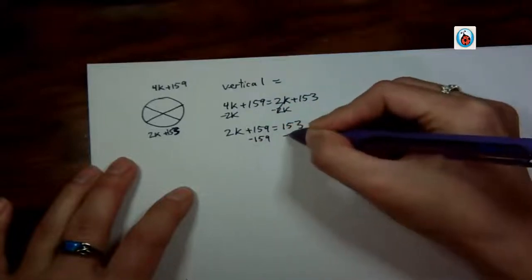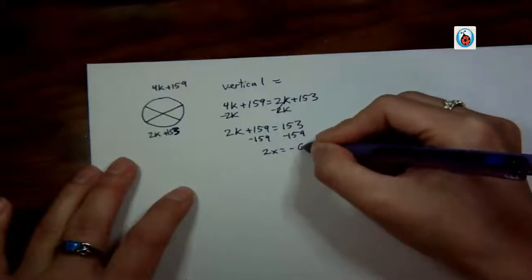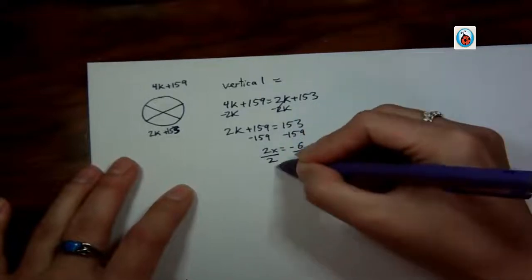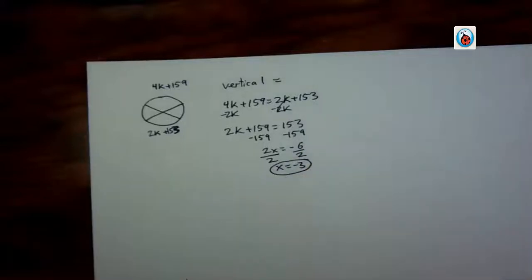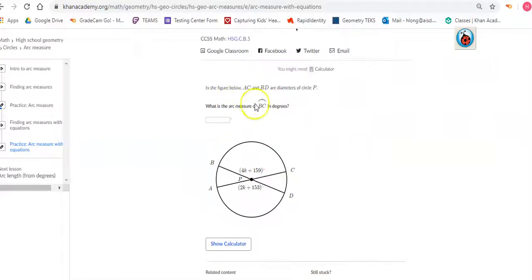Subtract 159 from both sides to get 2k equals negative 6. Divide by 2. And then I go back to Khan Academy and see, okay, I just found k equals negative 3.